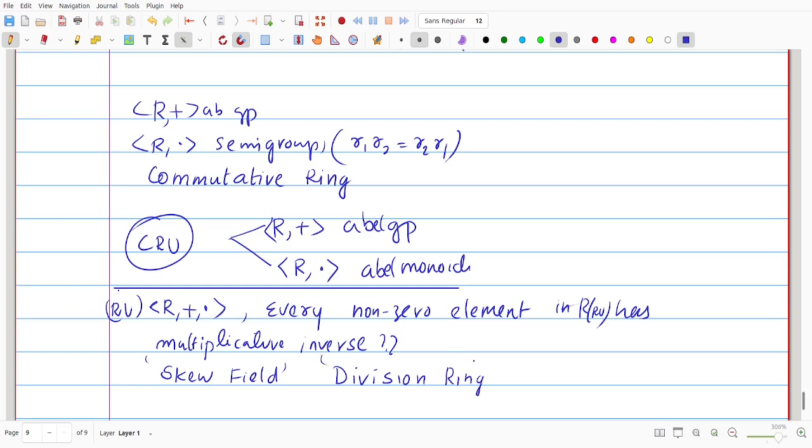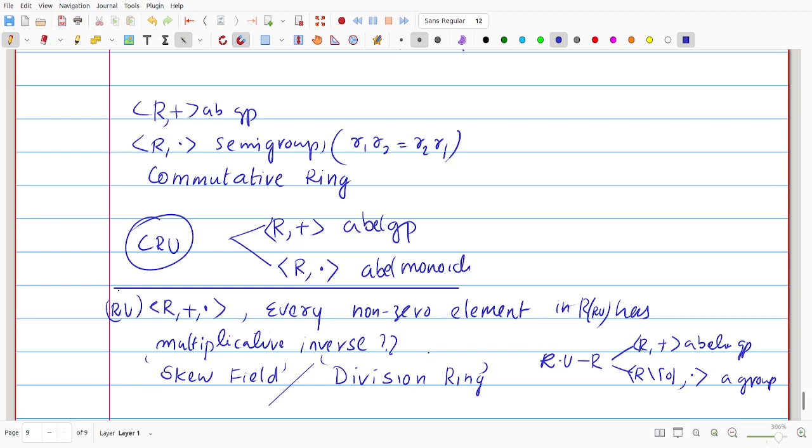Division ring, or skew field, means that R is a ring with unity, and R under addition is an abelian group, obviously. And if you consider only the non-zero elements, R minus 0, we avoid that 0, and under multiplication it is again a group, so that need not be a commutative group. So we address only the question of existence of the inverses.